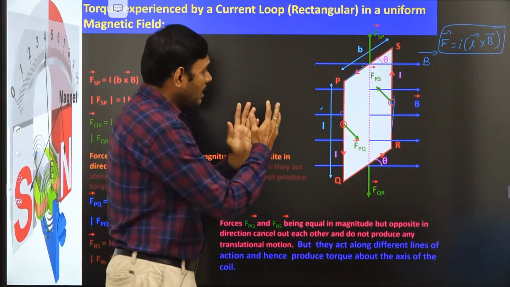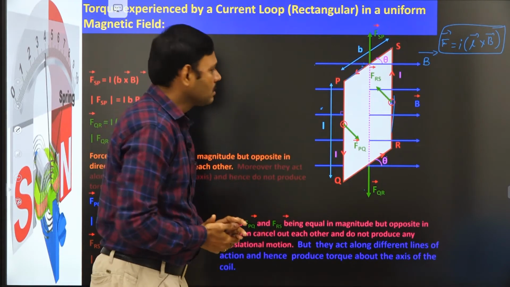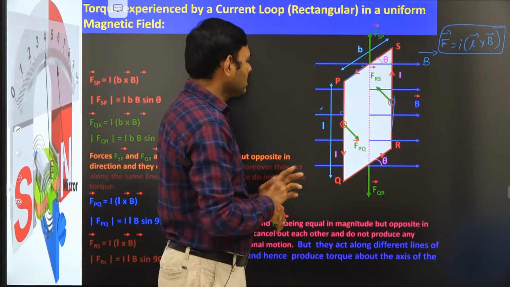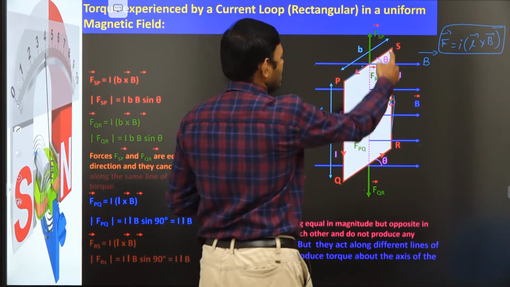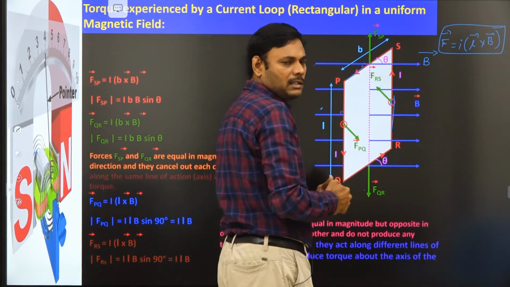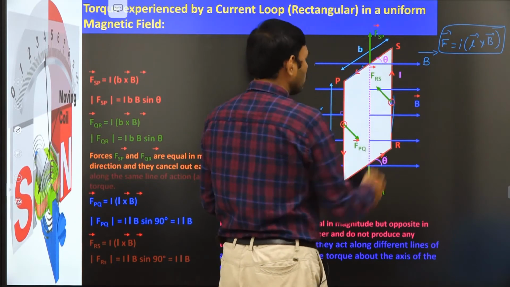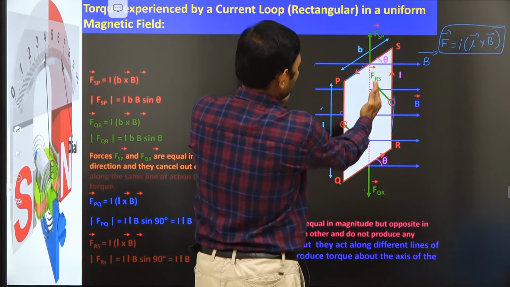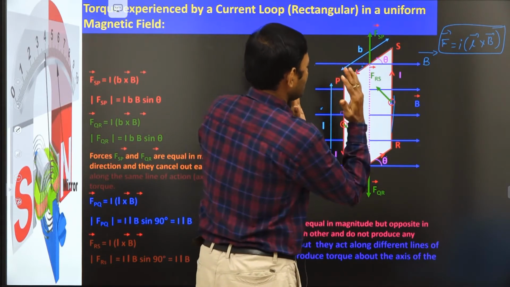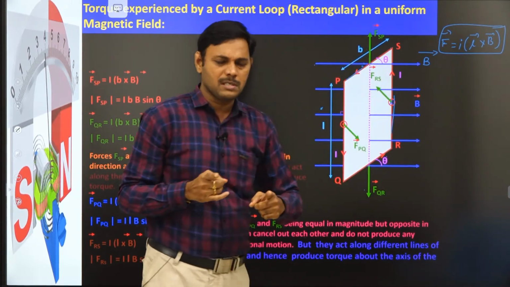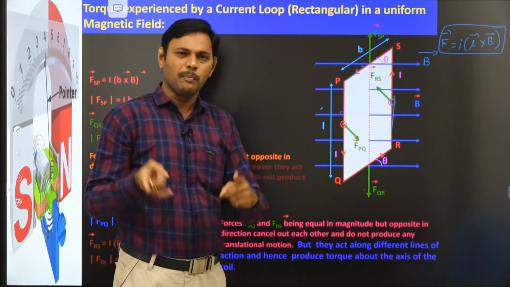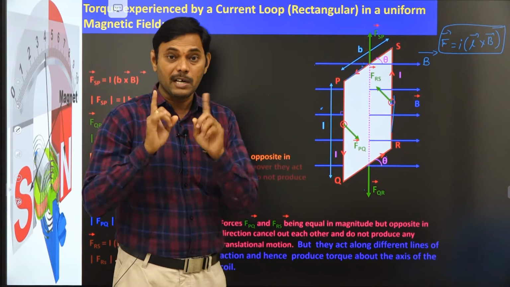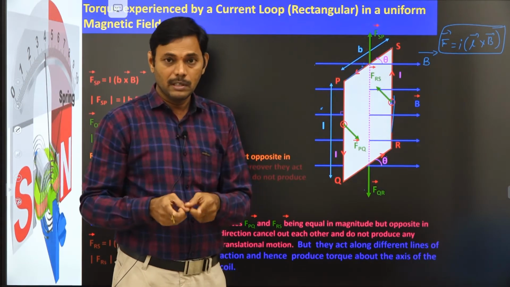Now we come to the vertical sides. On PQ, ILB force is acting, we calculated it is out of the board. On RS, ILB force is acting, we calculated it is into the board. So on this rectangular loop, two forces are acting, one out of the board on PQ, the other into the board on RS. These two forces of equal magnitude, opposite in direction, act at two different points on the rectangular loop and constitute a couple.